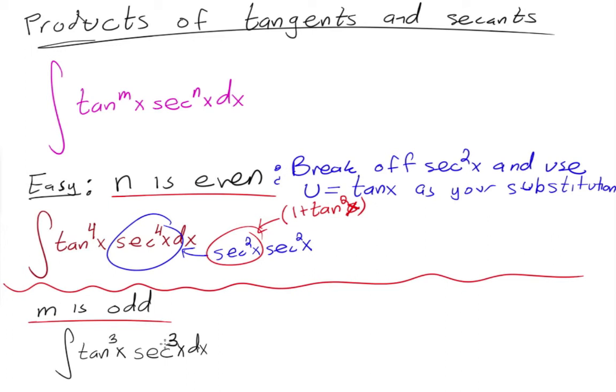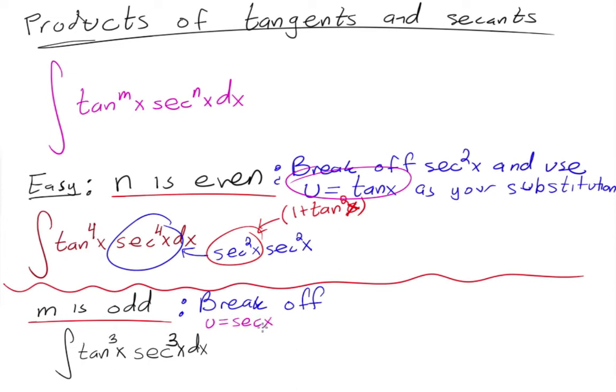But because my tangent is odd, what can I do? What would you break off? Notice that in the first case we let u equal tangent. What if we let u equal secant x?